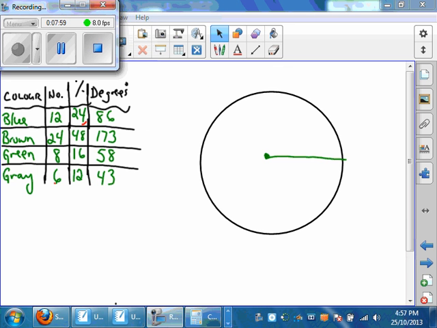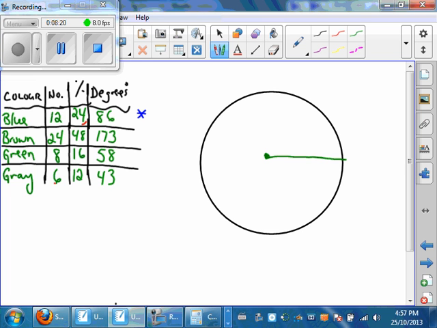Just as a disclaimer, this is not going to be to scale. In the next lesson, I'm going to show you how to accurately do this, but for now, we're just going to use our imaginations a little bit. I've got the data up here, and you can see clearly that if we were to take blue, for example, the number of students that have blue eyes is 12.